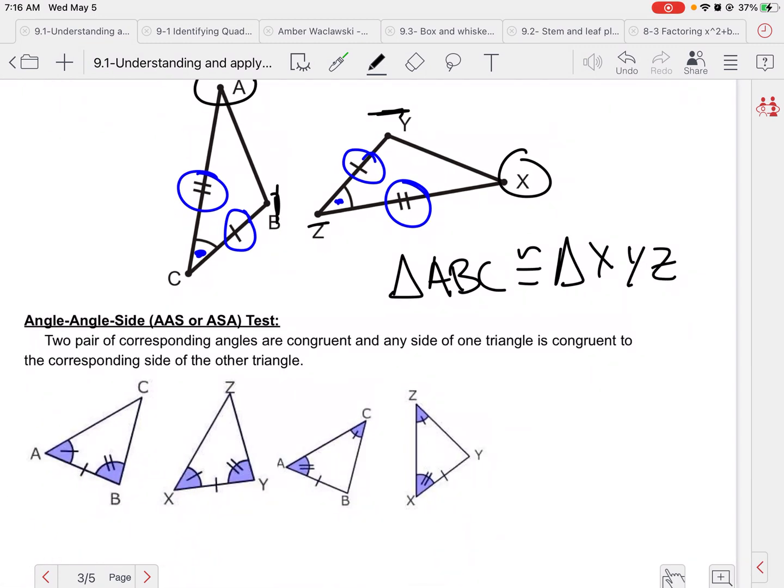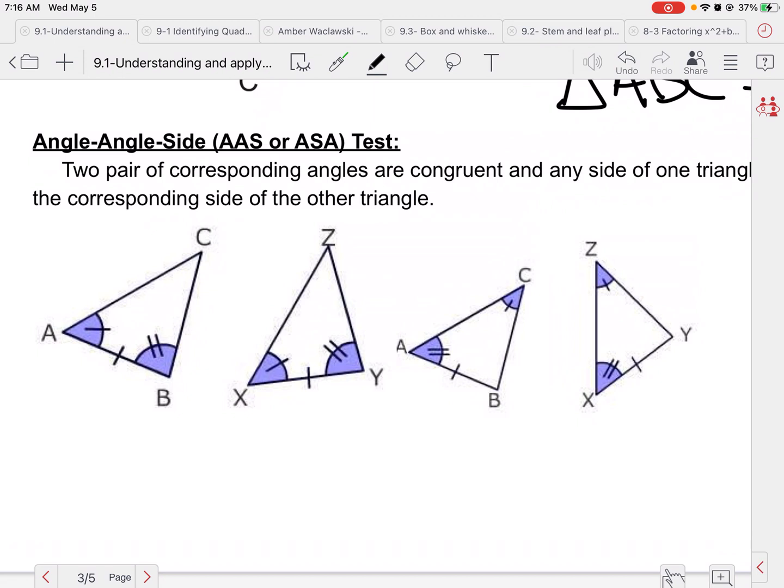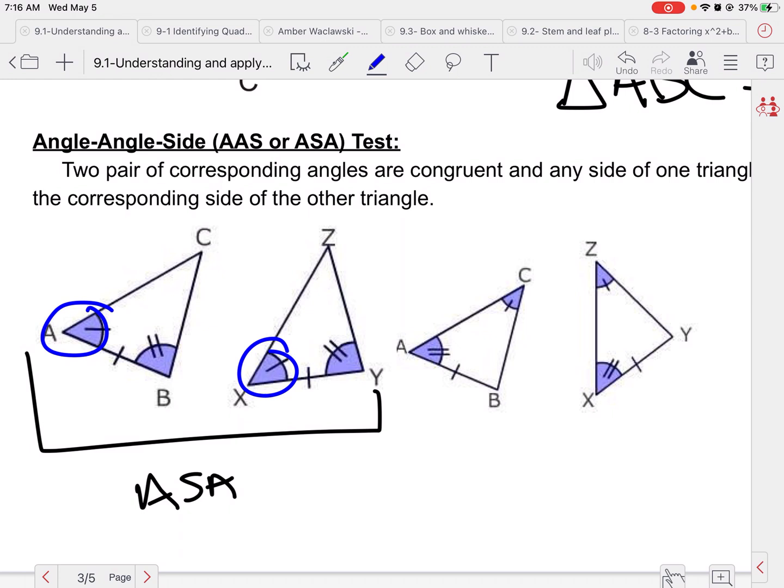The next test is angle side angle. In this first one, this is angle side angle, because again, we have an angle congruent to an angle, a side congruent to a side, and an angle congruent to an angle. And notice all 3 of them are touching. So angle side angle is another test.